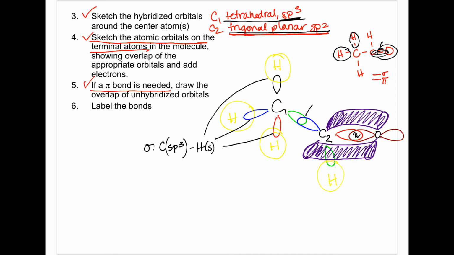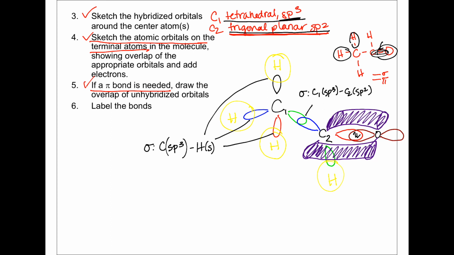Then this one is also a single bond, a sigma bond, made from carbon 1's sp3 hybridized orbital and carbon 2's sp2 hybridized orbital. And I put the 1's and the 2's there because they have different hybridization, and I'm trying to be specific.